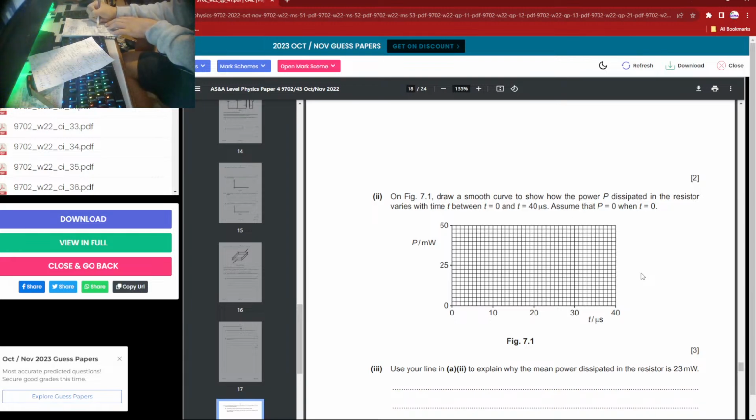As 23 milliwatts is the line of symmetry. You can't just say it's 46 divided by 2. You have to say it's symmetrical, it's at the middle.